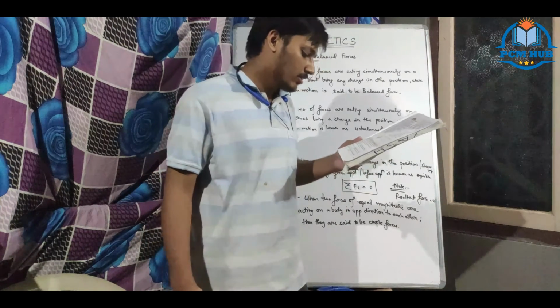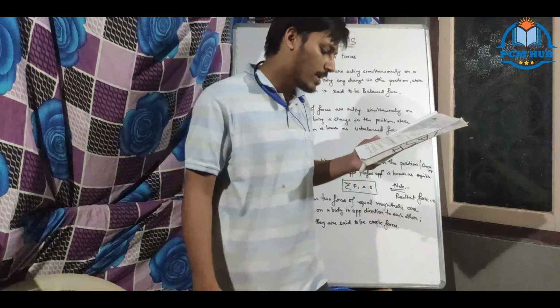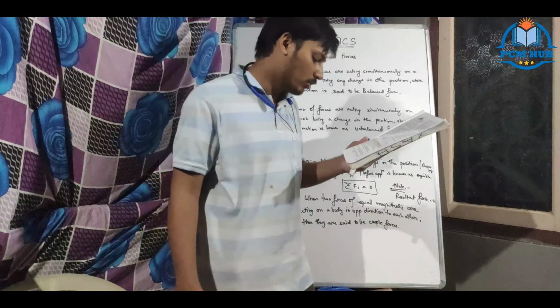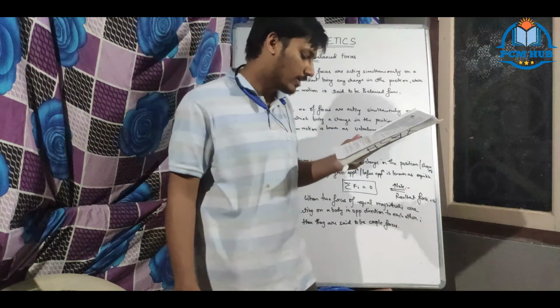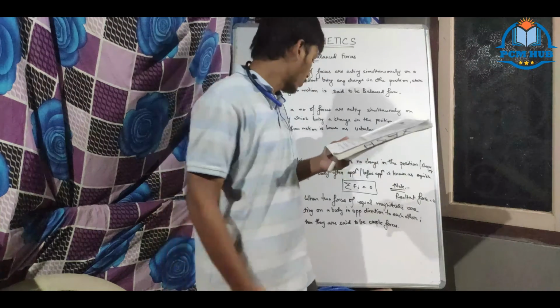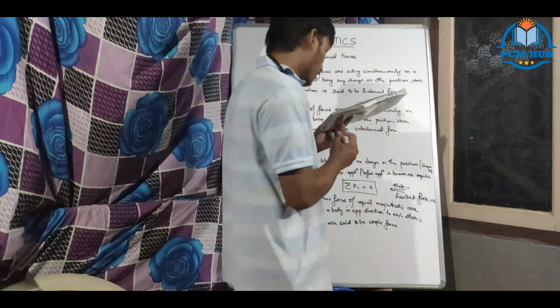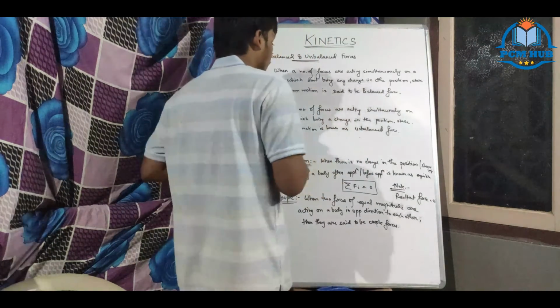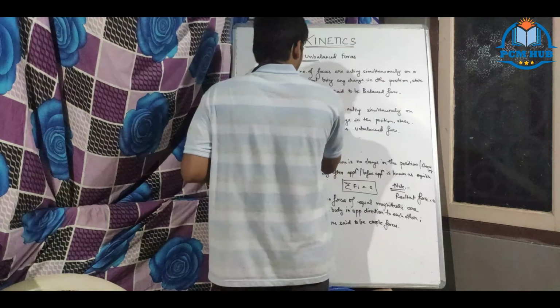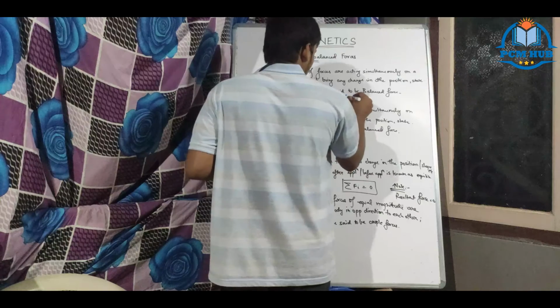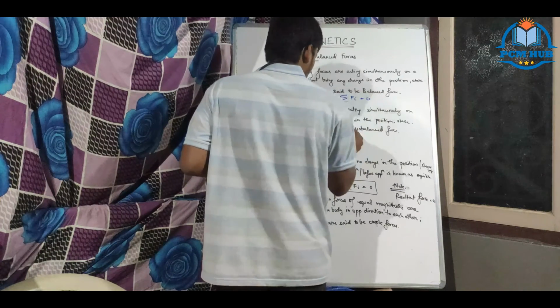Next is shape. There is no change in shape, but due to unbalanced force there might be a change in the shape. Next, resultant force. The resultant of all the forces acting on the body is 0, whereas in this case the resultant is not 0. So you can write the condition here as sigma Fi equal to 0.